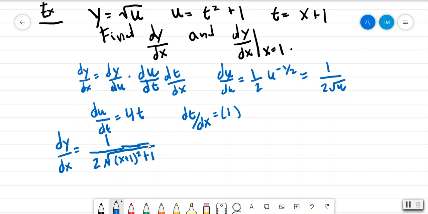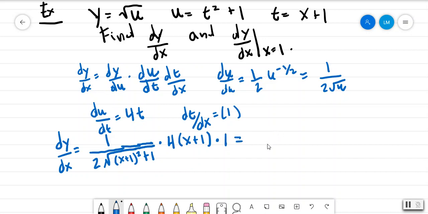Then that's multiplied by du/dt, but du/dt has to be written in terms of x. What did we get for du/dt? We got 4t, and t is equal to x plus 1. Then we multiply this times dt/dx, which is just 1.